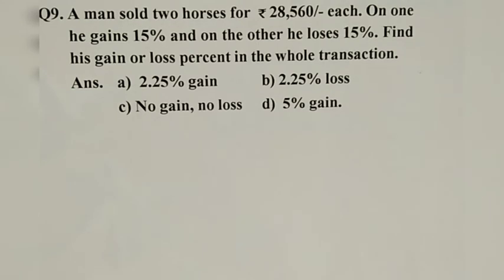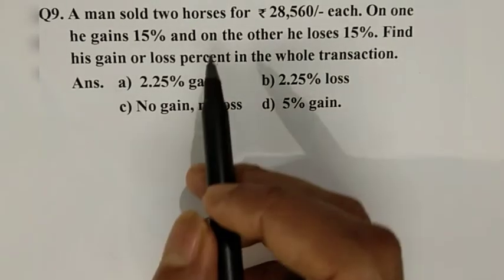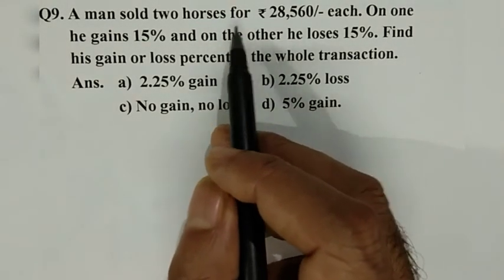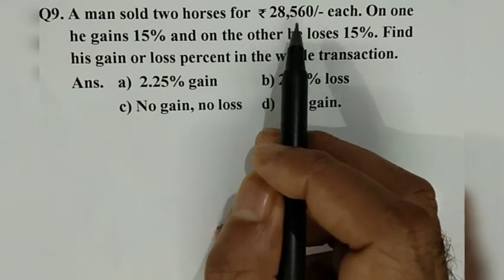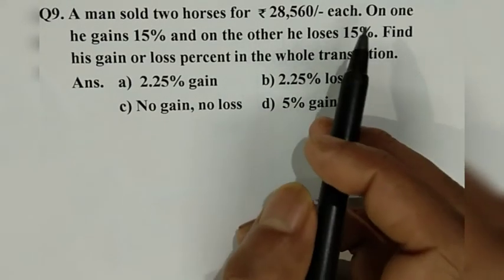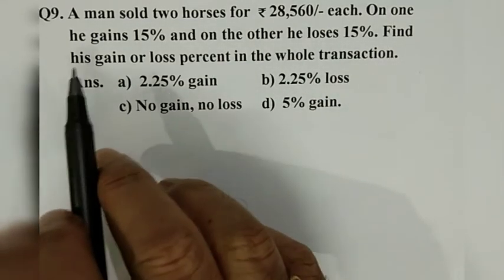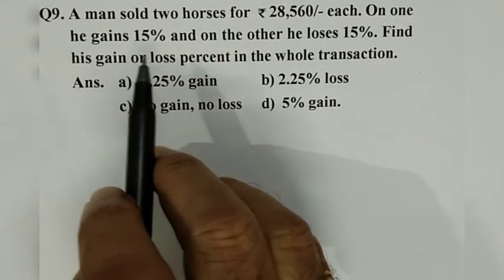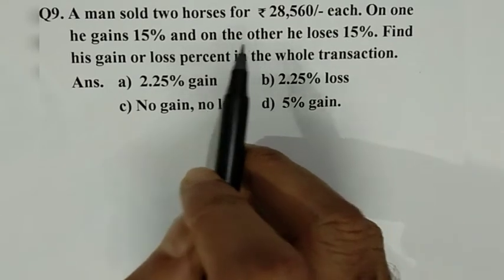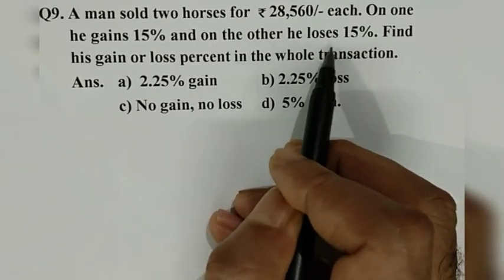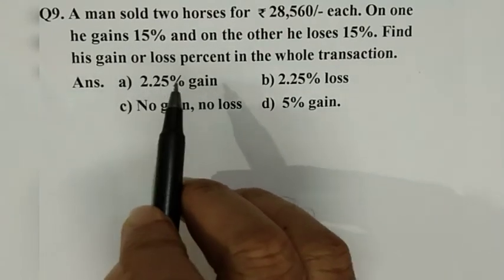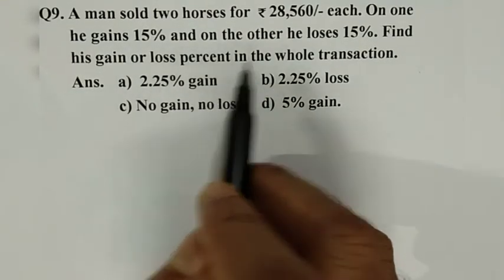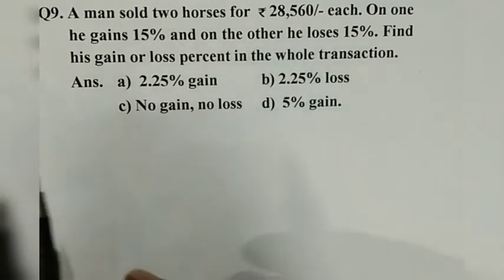Let's see question number 9. A man sold 2 horses for rupees 28,560 each. On one, he gains 15% and on the other, he loses 15%. Find his gain or loss percent in the whole transaction.